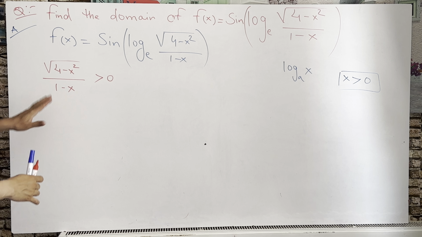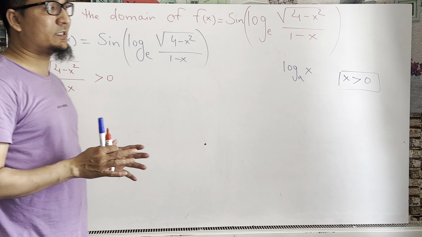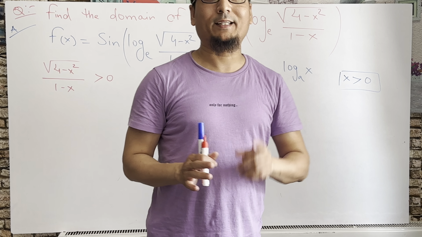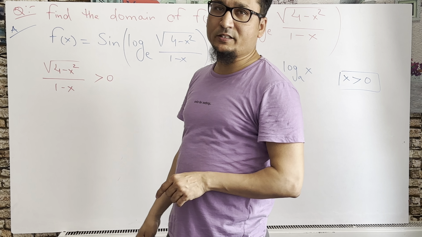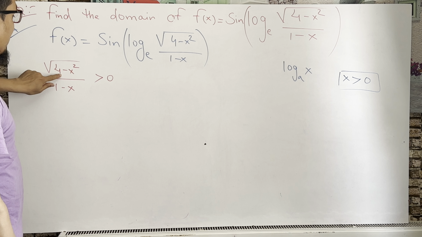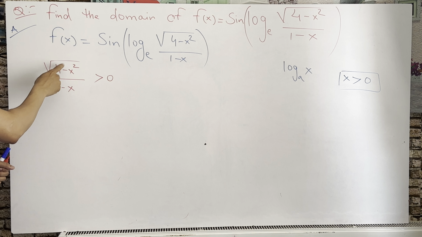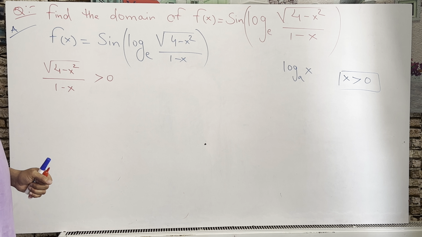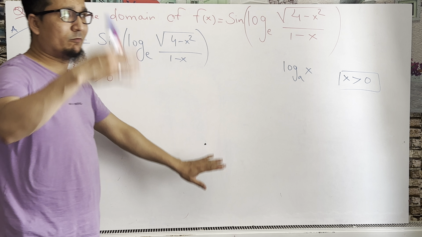It means you cannot take x equal to 1. If you solve this question and the value of x you get is 1, then don't take that value, because when you put 1 here, the function does not exist. And the second thing, this is a square root function, so whenever you have a domain, please check that the square root is giving you positive values or not. So I'm going to solve case 1 and case 2, then we will see later.